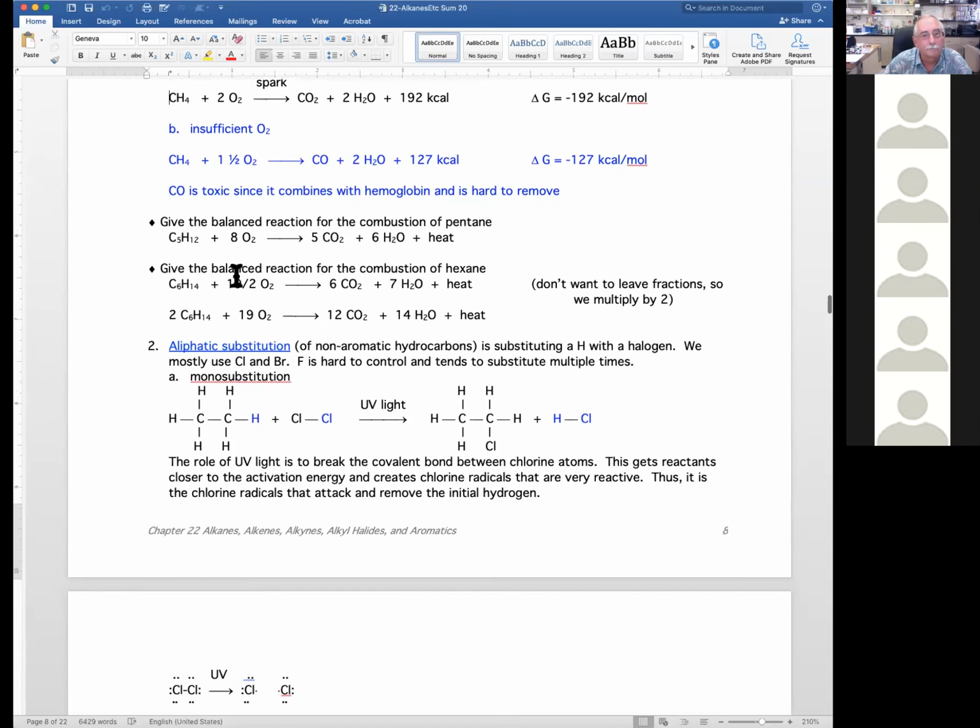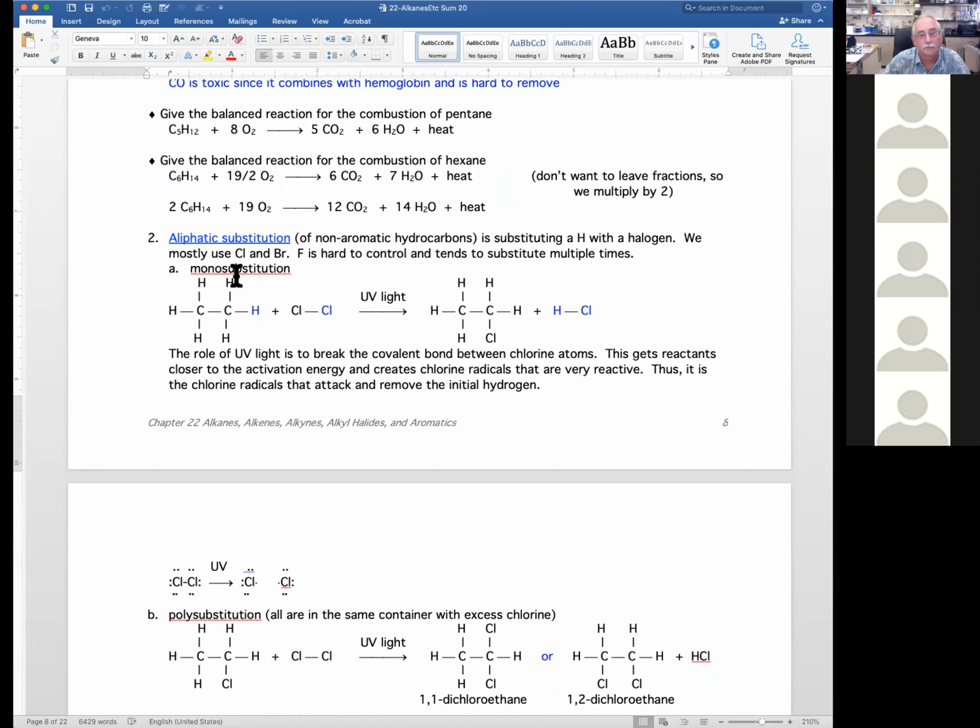So what about pentane? If you had me for general chemistry, I give you guidelines to balance reactions. And so some of the guidelines are, you do elements like this. The very, very last thing you do is you do the element. When I put the 5 over here to change for carbon, I also change for oxygen. When I put the 8 over here to change for oxygen, I only change oxygen.